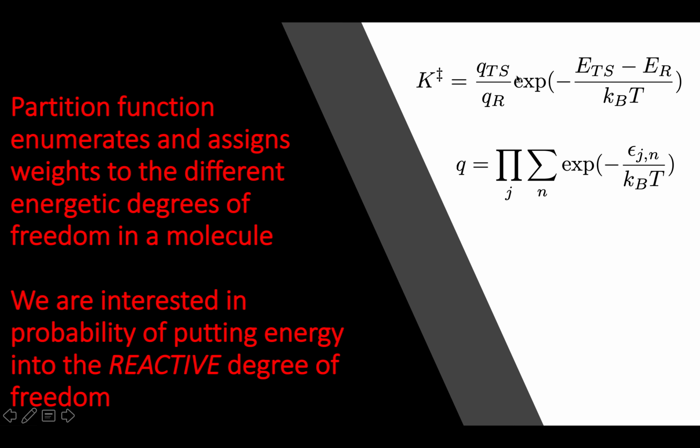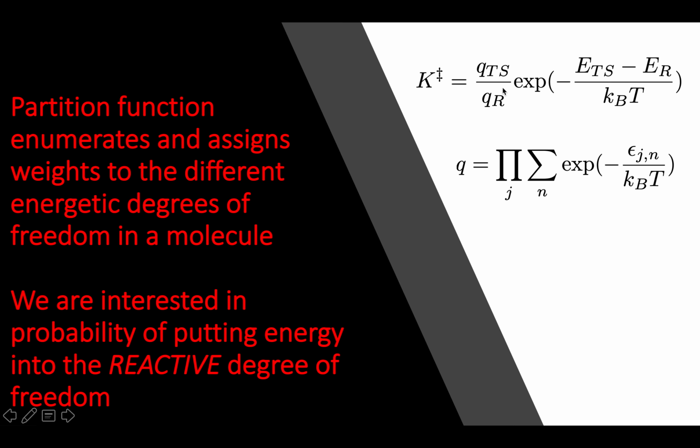using microscopic information about your molecules as contained in these quantities called partition functions. And these are what are denoted with the Q here. So Q_TS is the partition function for the transition state. Q_R is the partition function for the reactants.